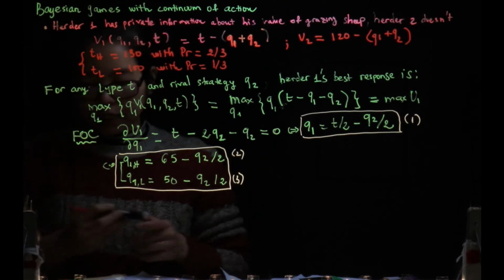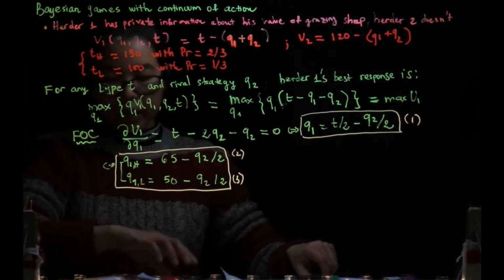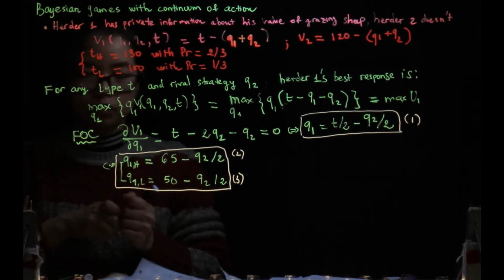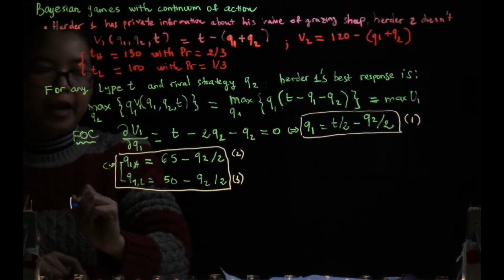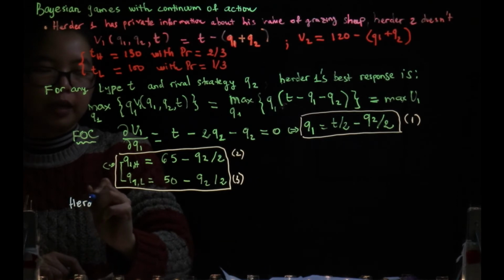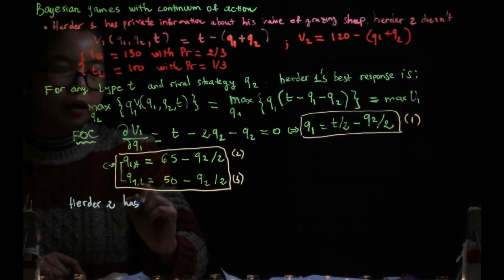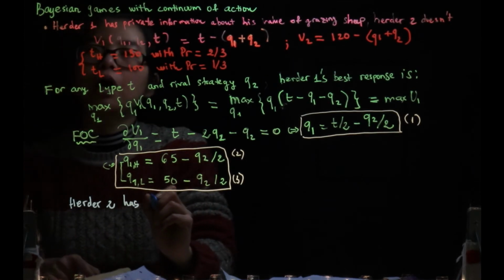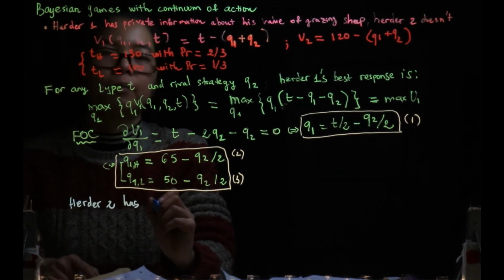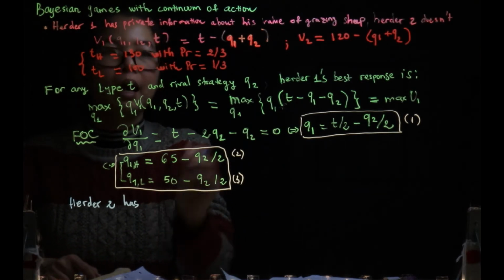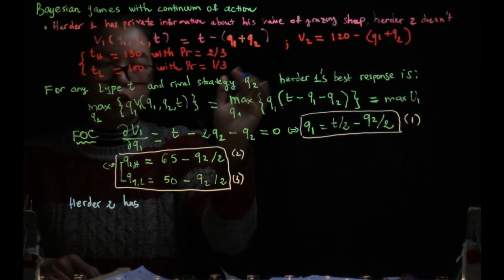Now let's calculate the expected payoff of player 2. Why expected payoff? Again, because player 2 is uncertain about the type of player 1. So he has to infer from his belief given by the probability distribution.